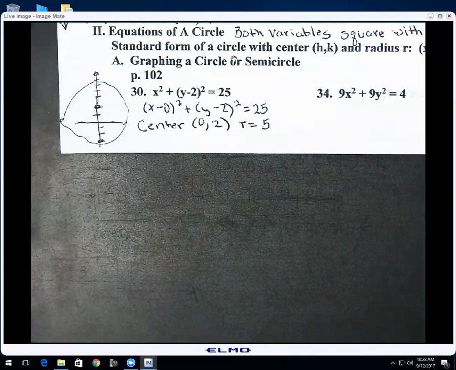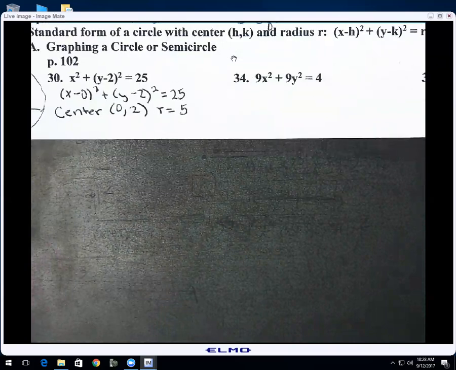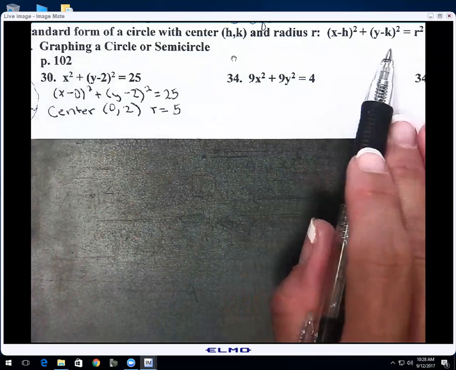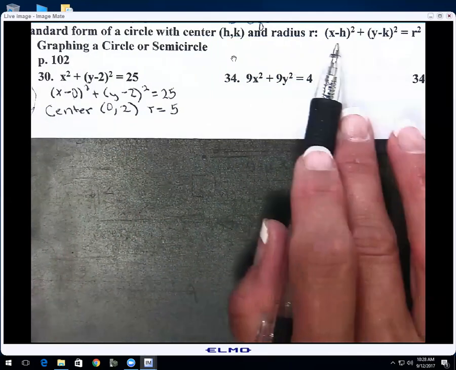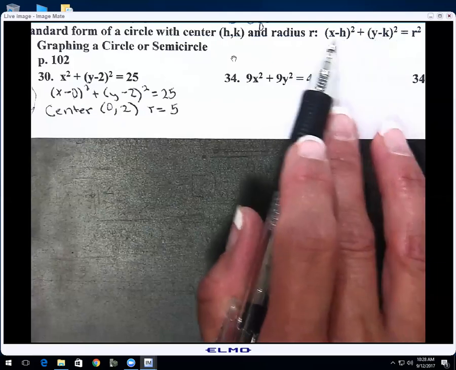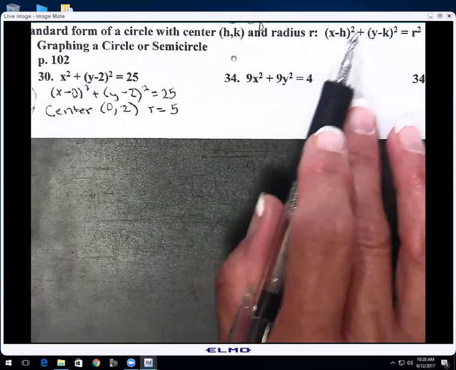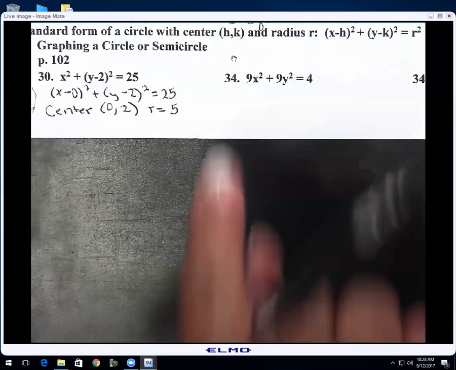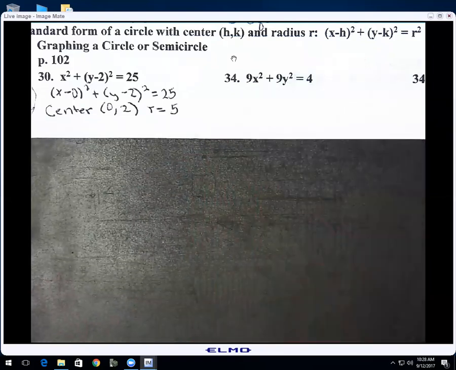It's okay. What about 34? What would we have to do to 34 to get it in this form? Notice this form, the coefficient in front of both parentheses is 1. I need it in that form where both coefficients are 1 before I can say what the center and the radius are. How could I make that happen on number 34?